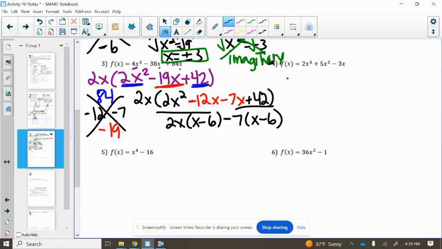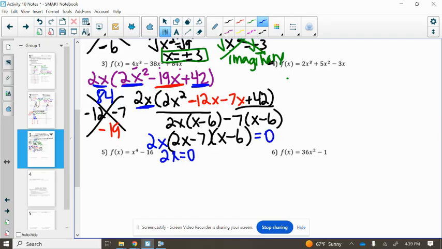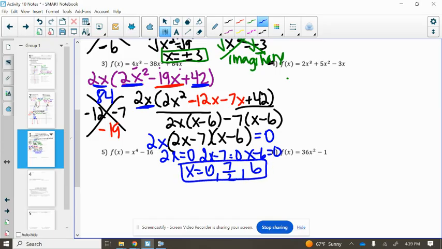And then from there, we end up with our two factors of 2x minus 7 and x minus 6. Now, don't forget, there was this GCF that we took out that is also still part of this answer, because we set each piece equal to 0: 2x equal to 0, 2x minus 7 equal to 0, and x minus 6 equal to 0, so that we end up with 0, 7 halves, and 6 as our three real solutions this time.